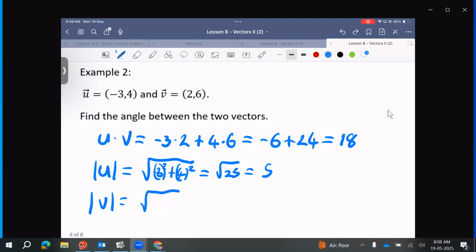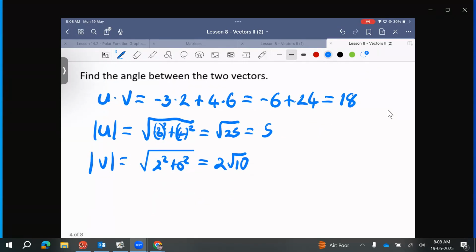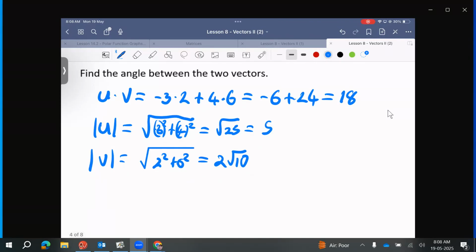Root 40, that sounds correct. So then we are going to need to assemble everything using the formula that u dot v is equal to the magnitude of u, the magnitude of v, cosine of the angle.